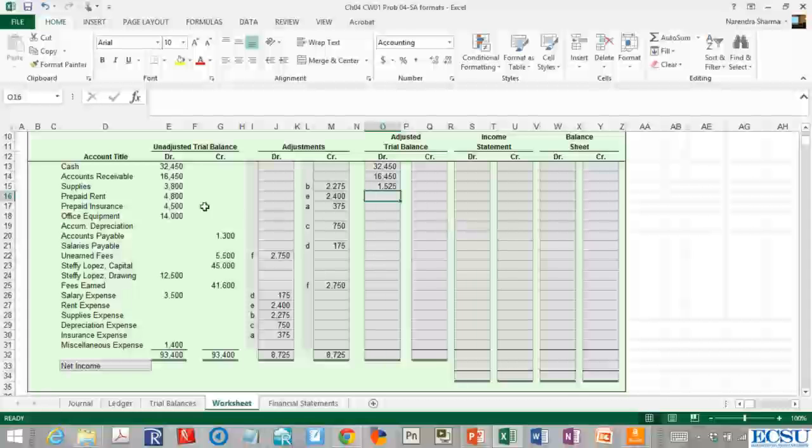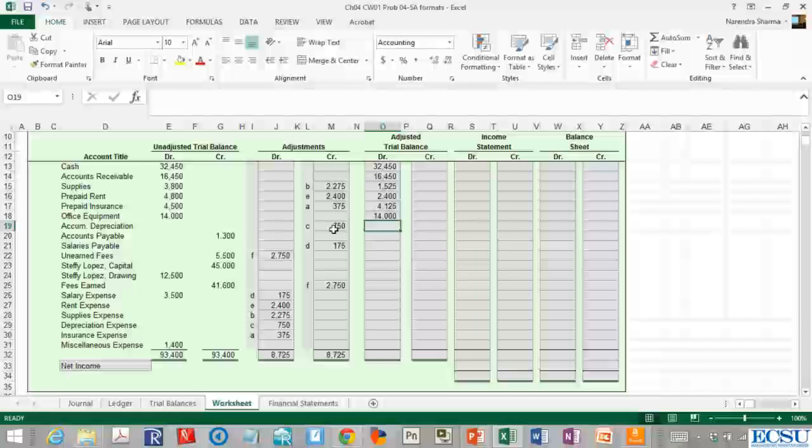Prepaid rent was a debit here and a credit here, so we need to subtract the two and we'll get 2,400. Prepaid insurance, of course, is a debit here and a credit here, so we'll get a debit total, but we'll have to reduce that. That will be 4,125, that is 4,500 minus 375. Office equipment, no change, 14,000.